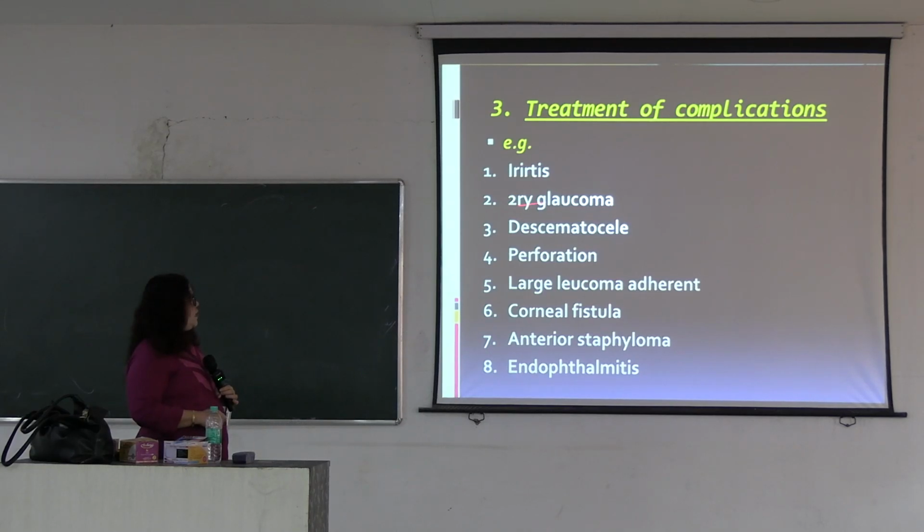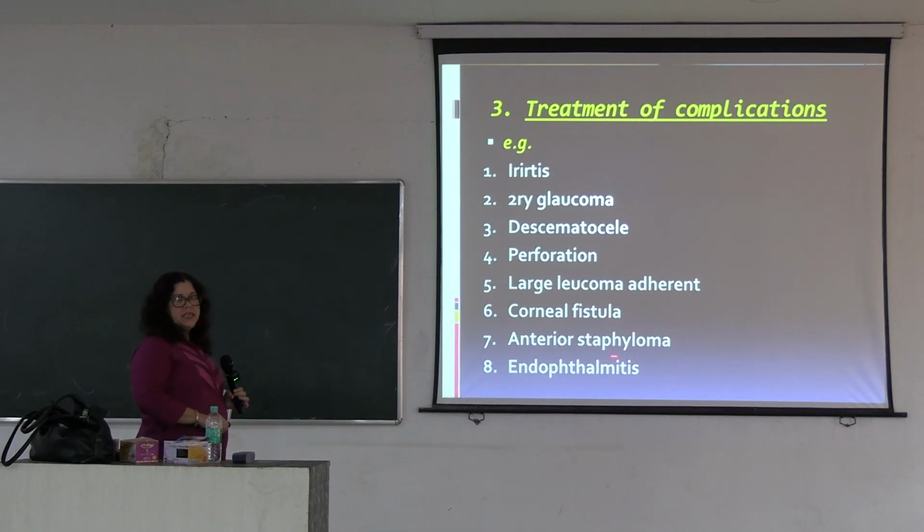And second one is secondary glaucoma. Secondary glaucoma is due to peripheral anterior synechiae, and there is obstruction in the flow of aqueous humor at the level of the trabecular meshwork. Third one is descemetocele. Descemetocele should be treated, and if perforation occurs, then it should also be treated, and large adherent leucoma and corneal fistula.